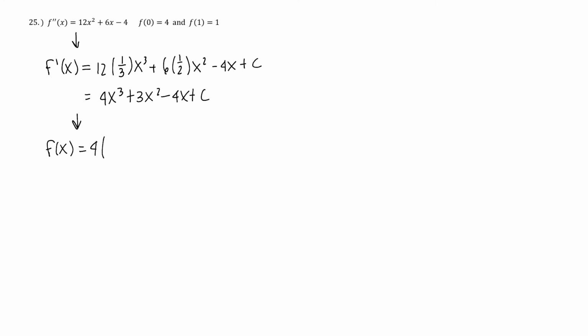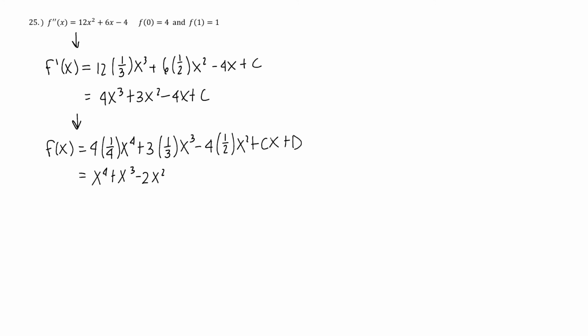So I have 4 times 1/4 x to the 4th plus 3 times 1/3 x cubed minus 4 times 1/2 x squared plus cx. And now since I've already used c as a variable, I'm going to use d as a variable. And I'm going to simplify. So we have x to the 4th plus x cubed minus 2x squared plus cx plus d.